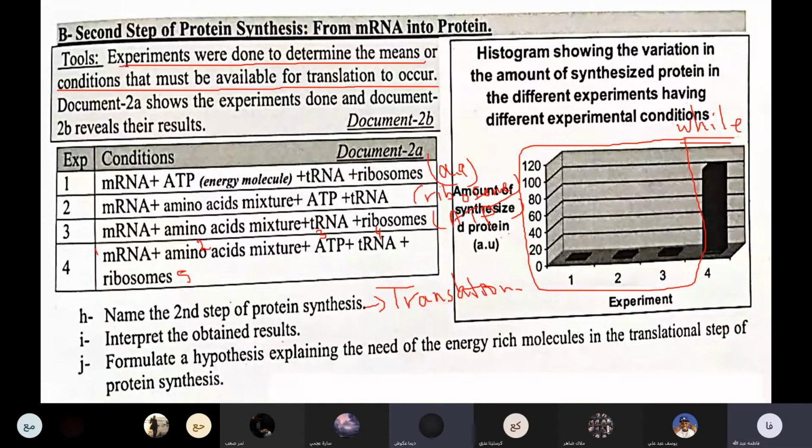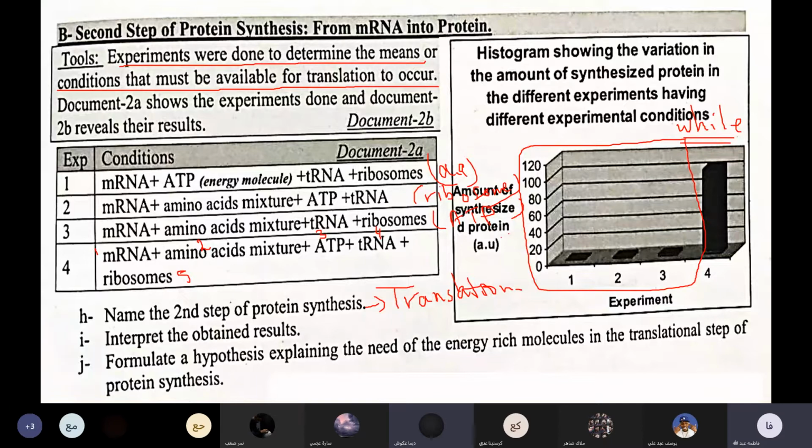In experiments 1, 2, and 3, there is absence of amino acid, ribosome, and ATP respectively. This means that there is no protein synthesis, while in experiment 4, where all the conditions are found, the amount of synthesis.